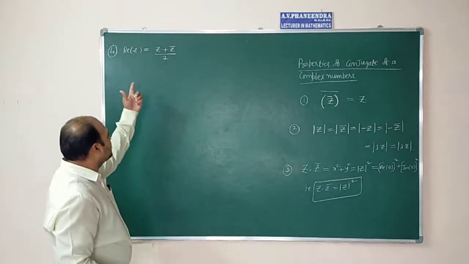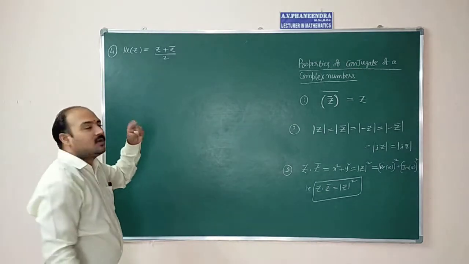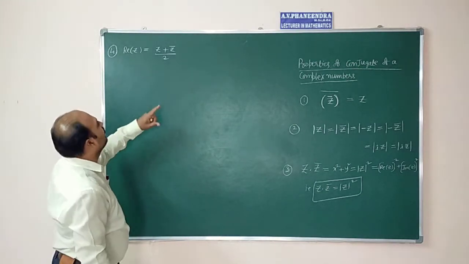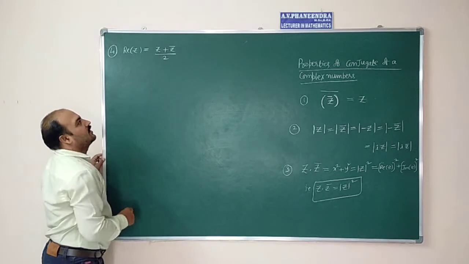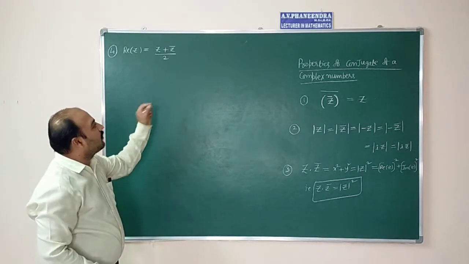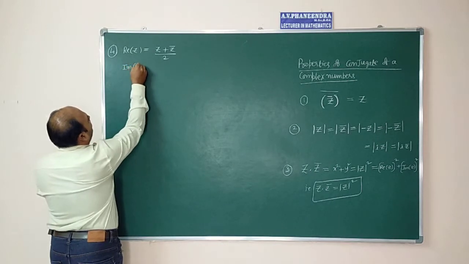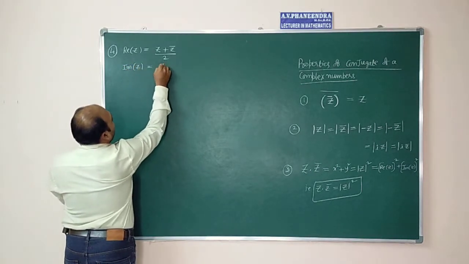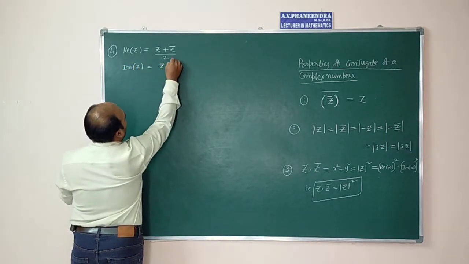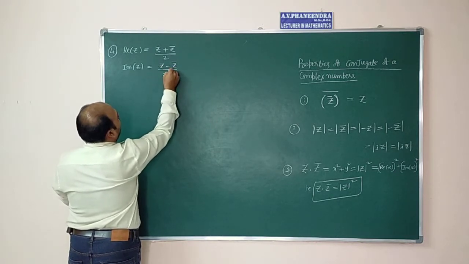So x plus iy is z, x minus iy is z bar. So the real part of z can be written as z plus z bar by 2, and the imaginary part of z can be expressed as z minus z bar divided by 2i.